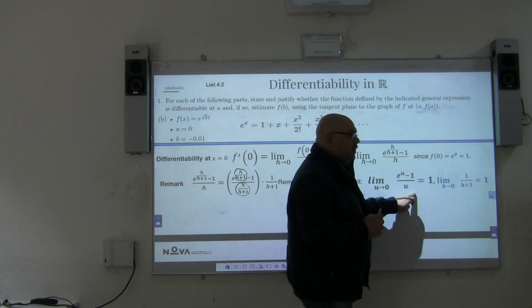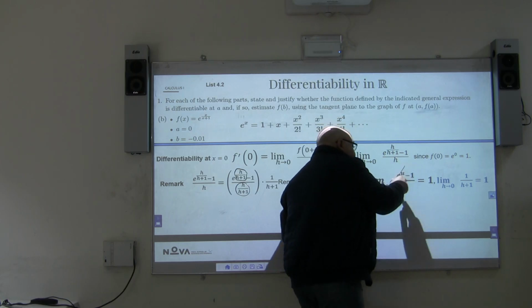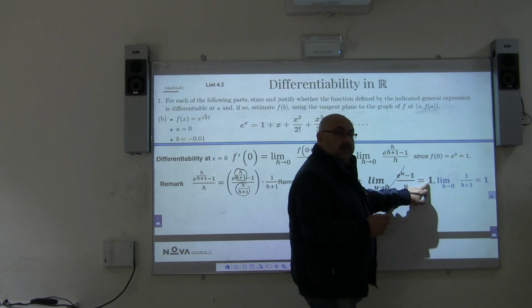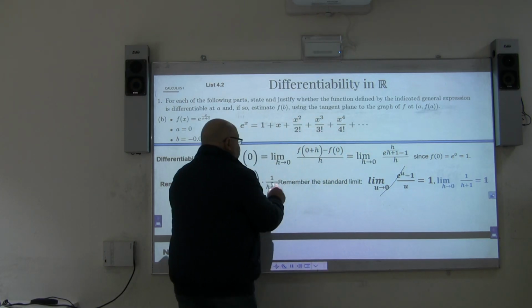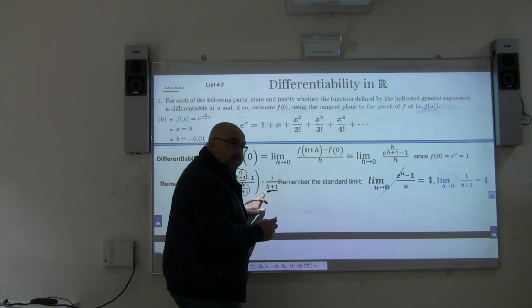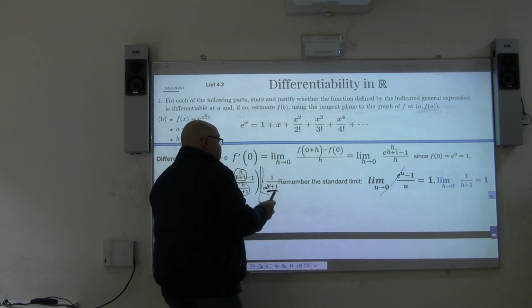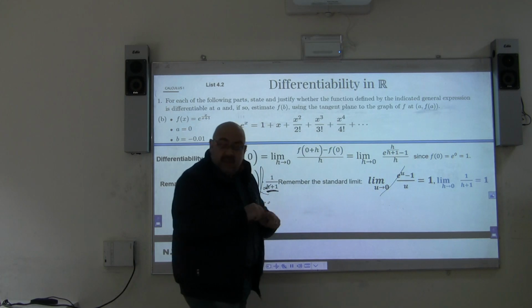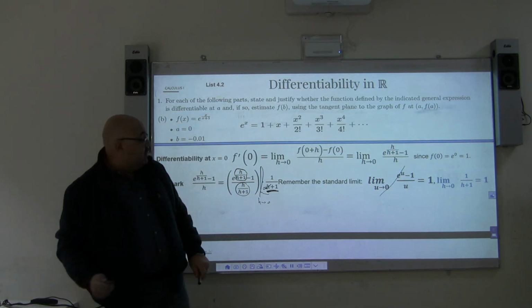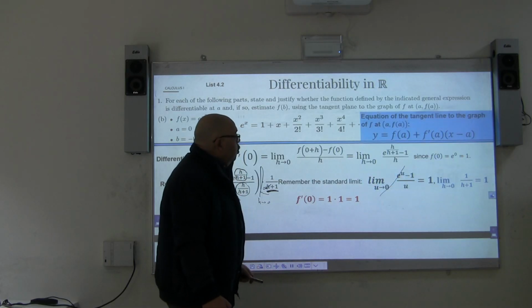And this is exactly the limit that we saw previously, the result of which is equal to 1. But I still will have this guy in front of me. And this guy, there is no problem with it, because once you do the limit of h tends to 0, this part will be terminated. So it is simply 1 times 1, as you can see. So once more, f dash at 0 is equal to 1.